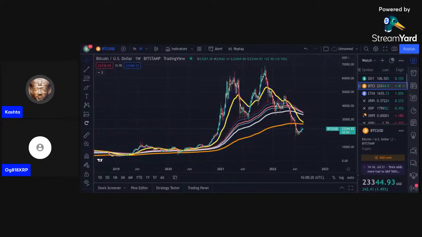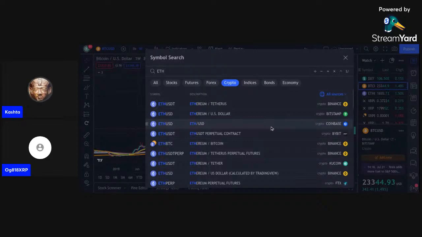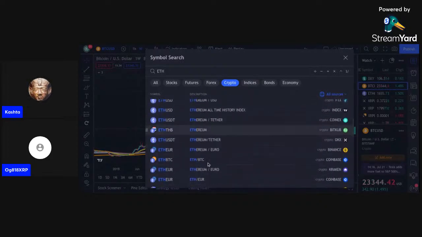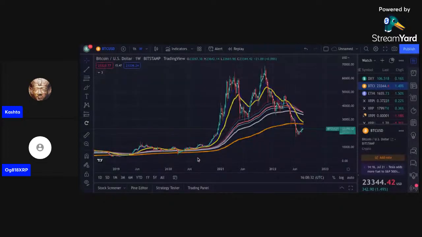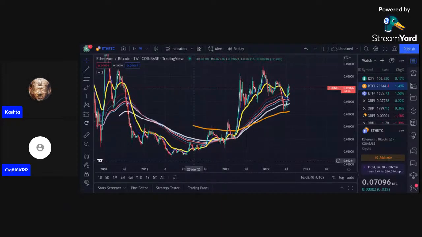But Ethereum, interesting enough, seems like it has actually broken away from Bitcoin. A lot of people are not talking about this, but if you look at these charts, I'll see if I can find a Bitcoin pair. Let's see this one here. If you look at the performance of ETH to Bitcoin, we go back in time. ETH got a bottom here against Bitcoin, broke above that 19, and has been outperforming Bitcoin since 2020.